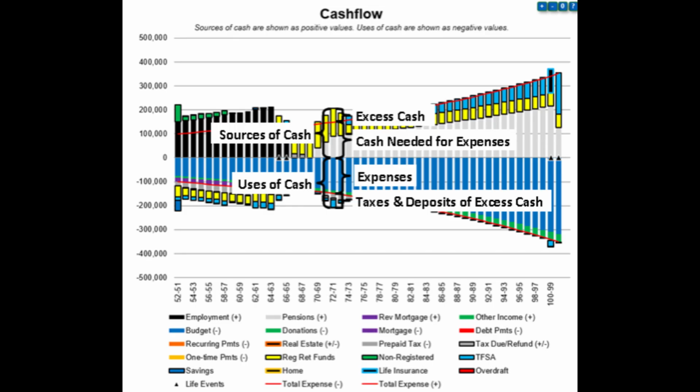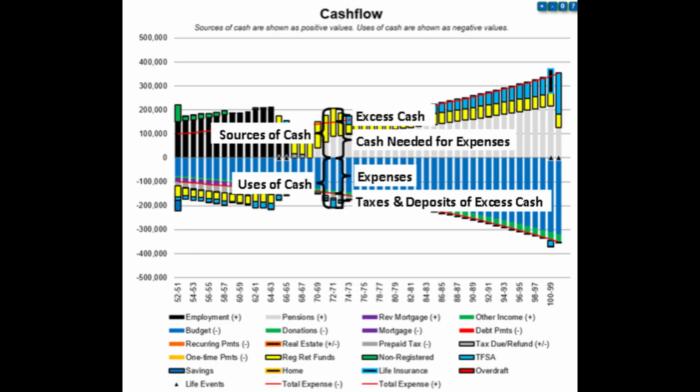The red lines on the positive and the negative sides of the chart show your total expenses. Expenses include your budget, charitable donations, loan payments, and other recurring expenses that you specify. Any amount on the positive side that exceeds your expenses is excess cash. Amounts on the negative side exceeding your expenses show how that excess cash is used to pay taxes and make deposits to your accounts.